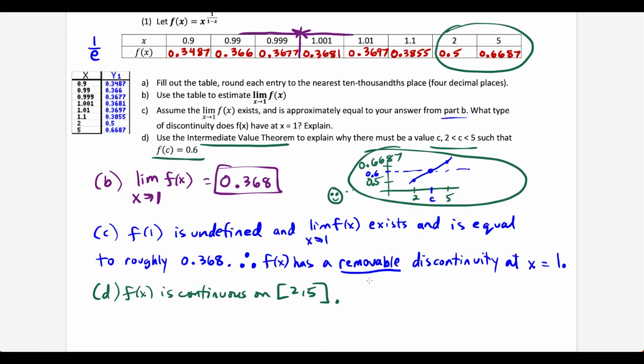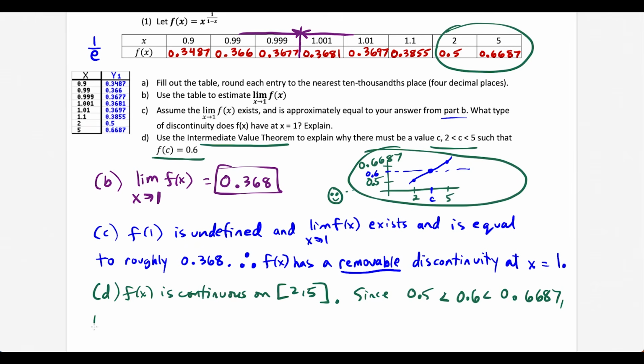So what we could say is that since the value 0.6 is between 0.5 and this other value, we could explain that with an inequality. 0.5 is less than 0.6, which is less than the other endpoint. We have 0.6687.